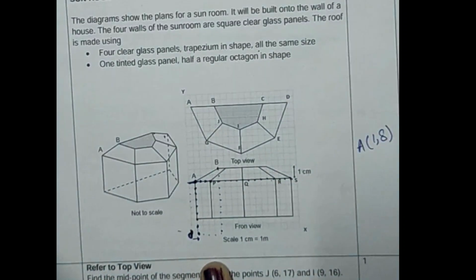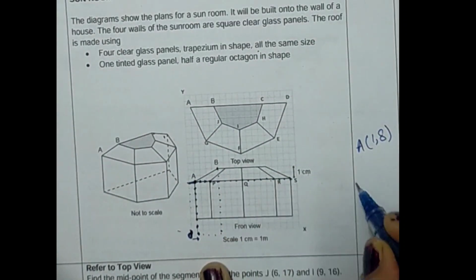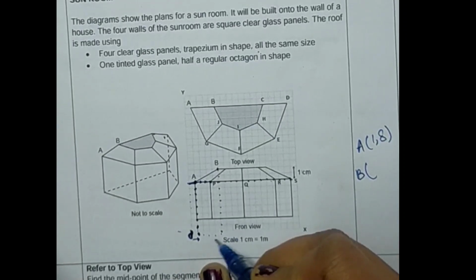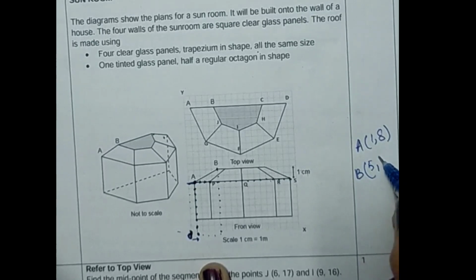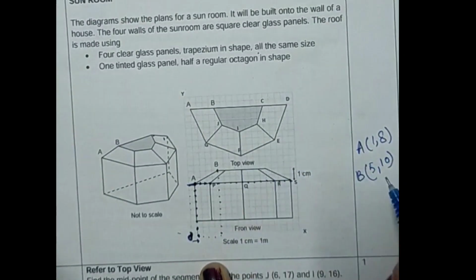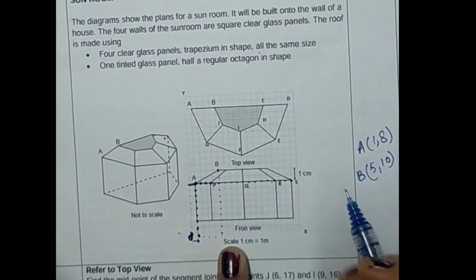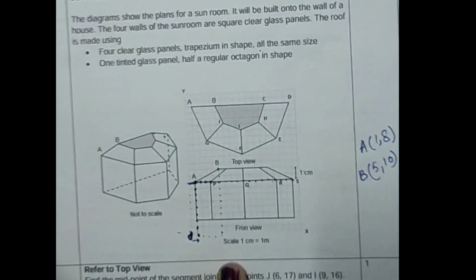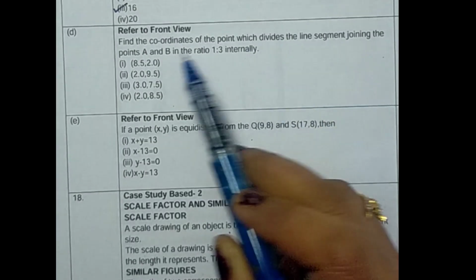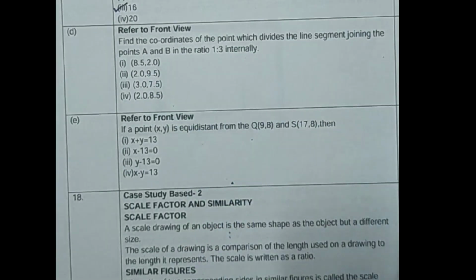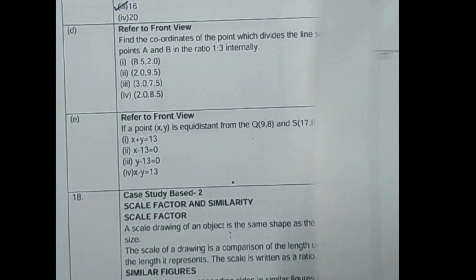The coordinates of point B are 5 from the x-axis and 10 from the y-axis. The coordinates are (5, 10), and we were supposed to find the coordinates of the point which divides the line segment joining the points A and B in the ratio 1:3 internally.